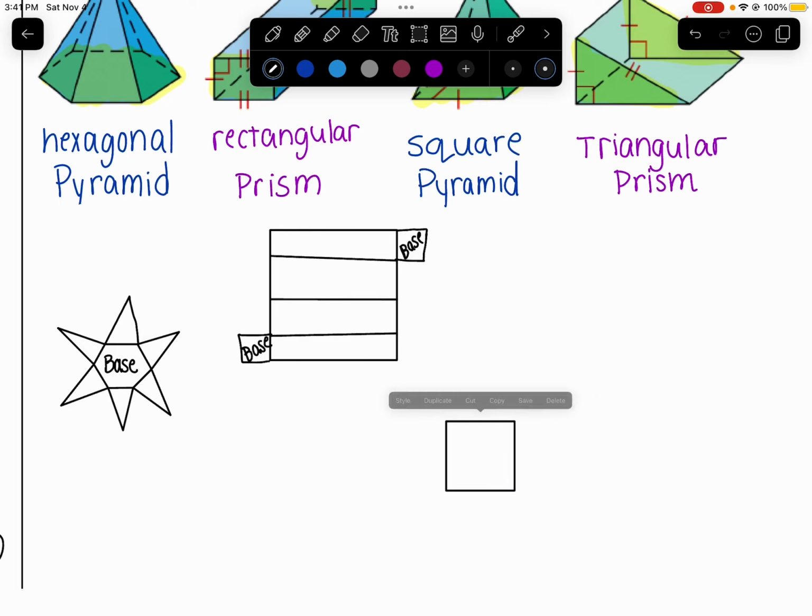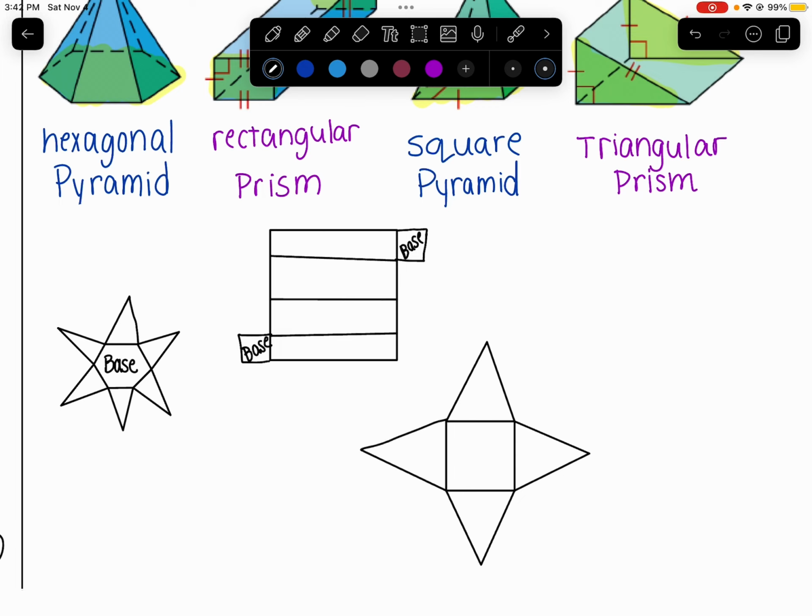So that's our base. And then off of each square, we can draw the lateral faces, which is all of our triangles. And so do go ahead and label this your base.